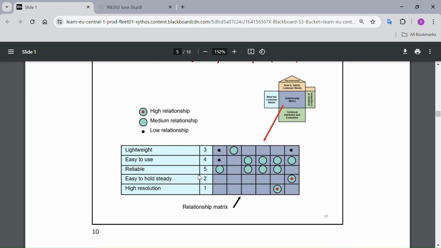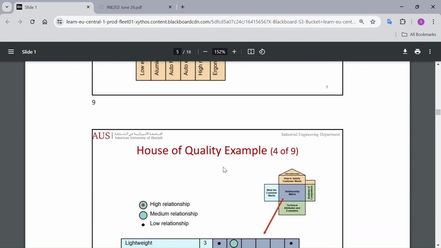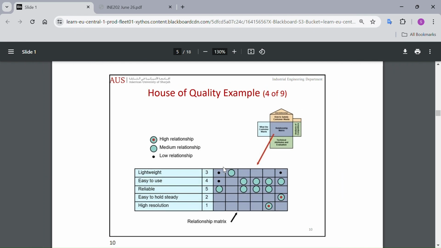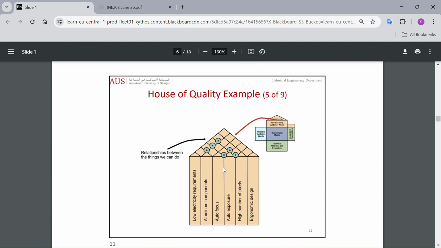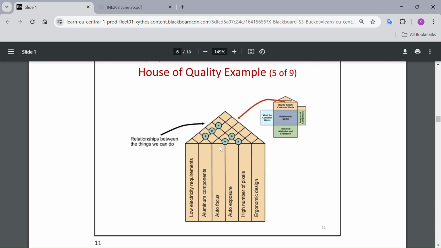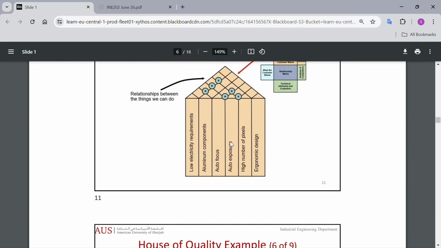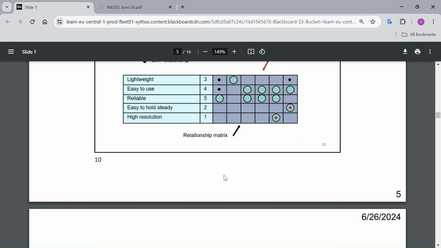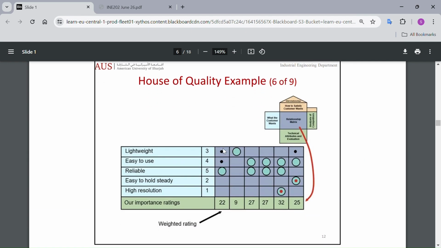Then we evaluate based on each metric, and this is done by the engineers in the company. As you can see, this is the house of quality. This is the relationship between the things that we can do, and these are all related, and then we can give numbers to each of these.